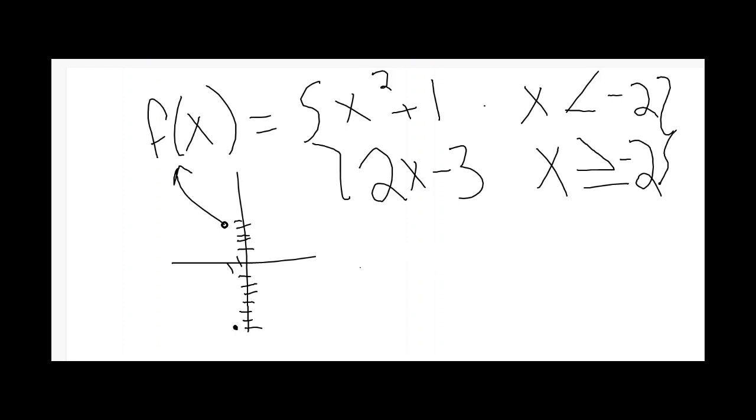So therefore, because it is a linear function, we know that this will have a slope of 2 and just keep increasing infinitely. And there we go. That's how you graph piecewise functions when you think of it that way.